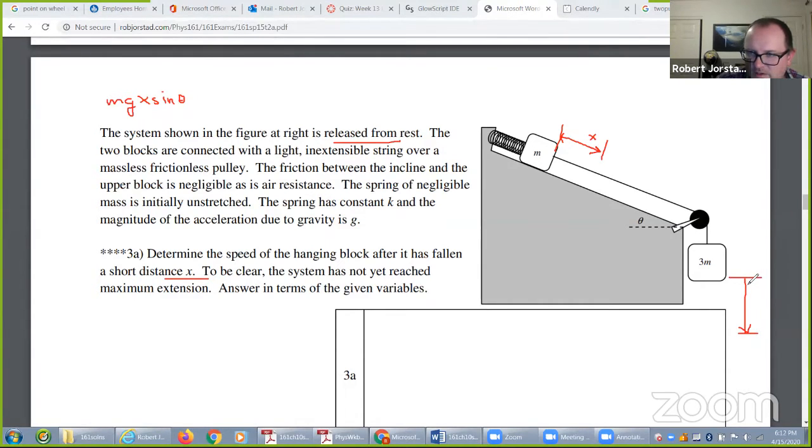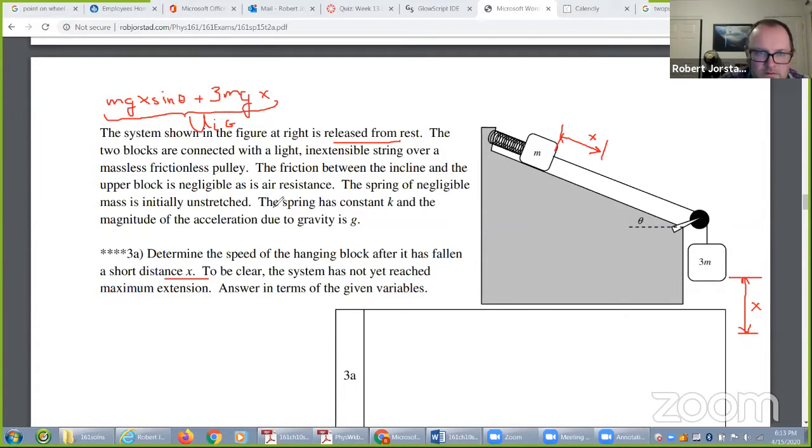I hope you've seen me do this trick a couple of times now, where if you have something that's stretching on an incline, the distance it stretches here is the same as the distance it stretches here. 3mgx. That's the initial gravitational. We'll call that U initial for gravity.